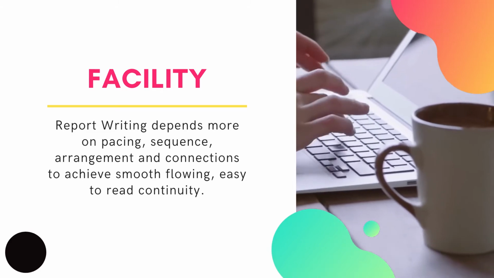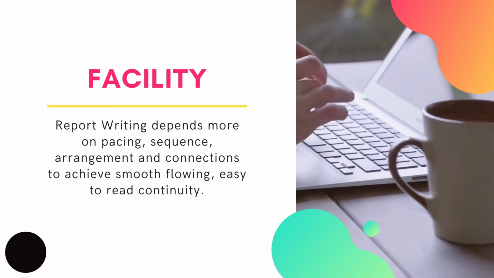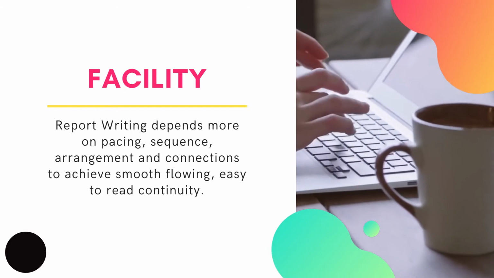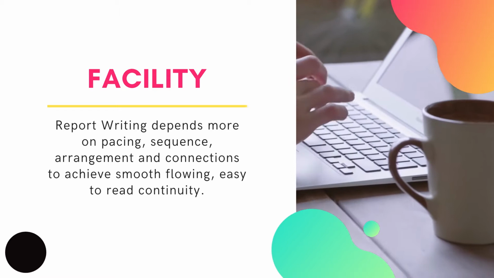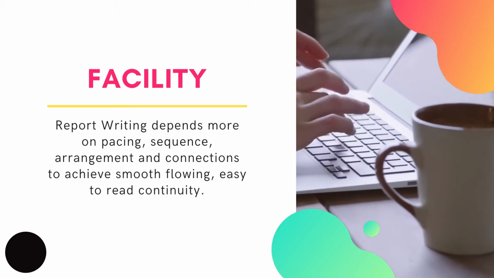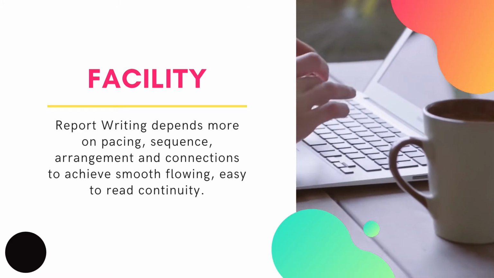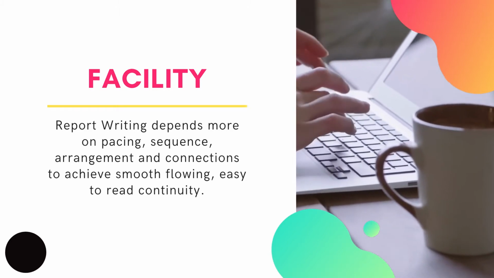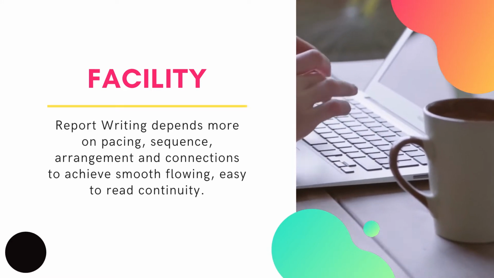So you have to facilitate your own writing. Make sure that it's based on a proper format. You follow the sequence. Okay, you will not jump into conclusions right away. So you start with the very basic to the complex ones, or to the most important ones.